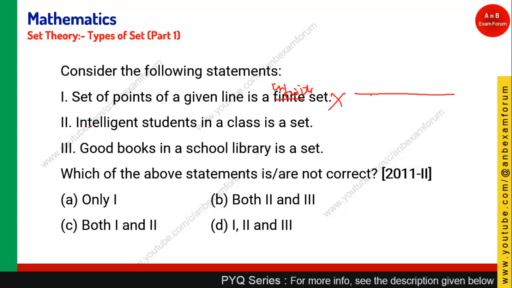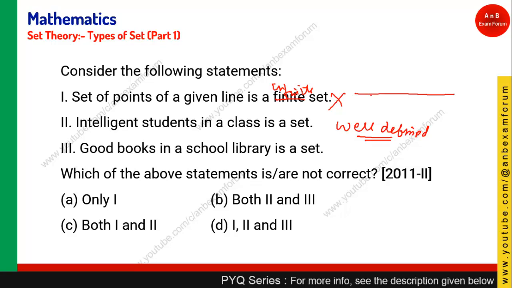Coming to the next, intelligent students in a class is a set. Students, in the theory portion I already told you several times that a set is a well defined collection of objects. What does this mean? Well defined means you should not use adjectives at all.